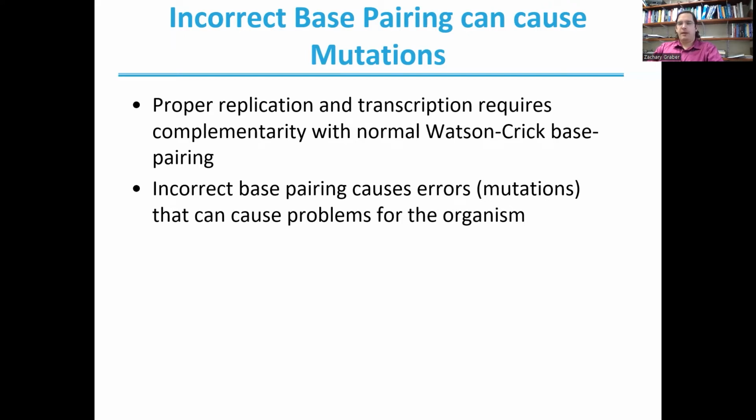So because those bases would no longer pair up with their normal complementary partner, we then end up with incorrect base pairing, and we then introduce changes in our genetic code that will ultimately then cause errors in what proteins we make that we refer to as mutations.